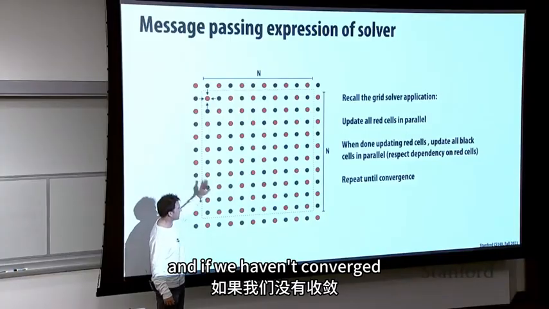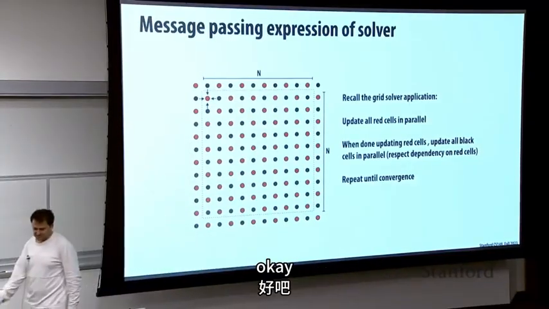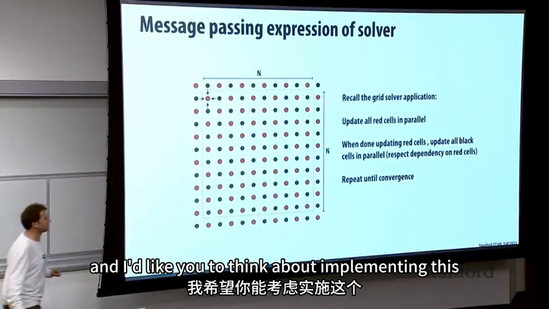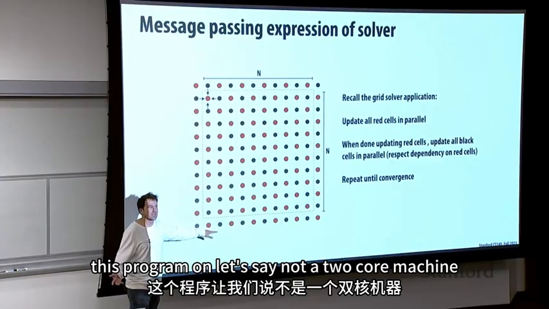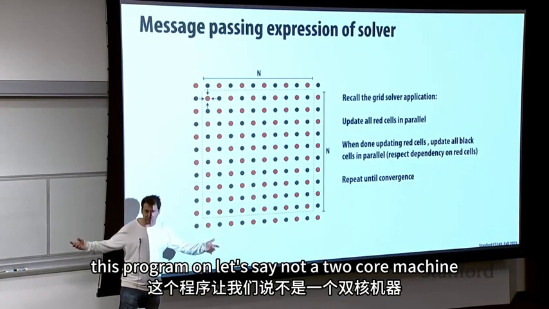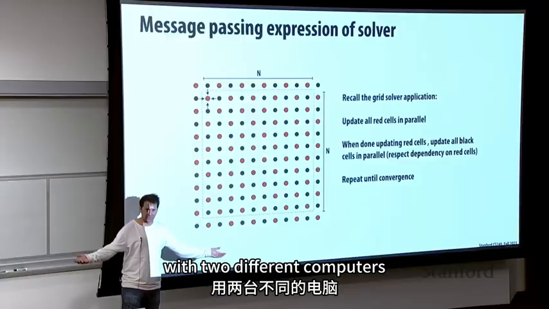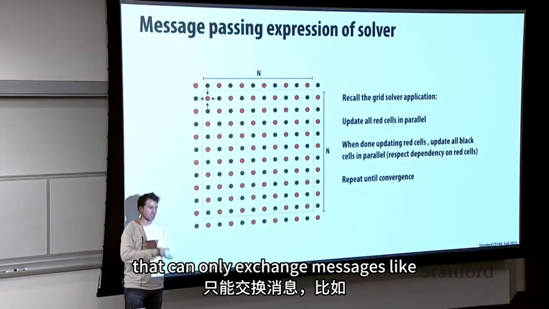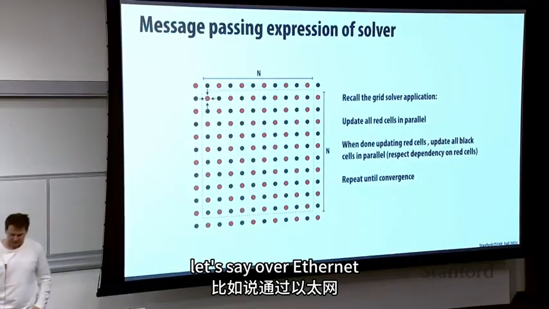And if we haven't converged, do it again, but this time with the black cells. I'd like you to think about implementing this program not on a 2-core machine, but on a cluster with 2 different computers that can only exchange messages, like internet traffic, let's say over Ethernet.